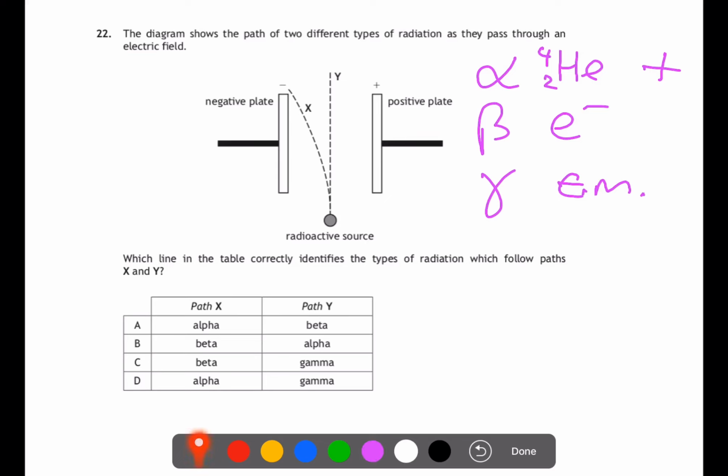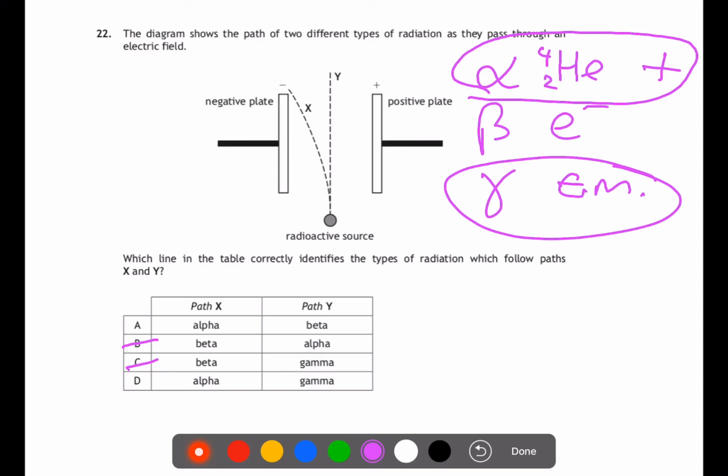So if we first of all look at path X, which is this one here, this is being attracted to the negative plate. This means that whatever this radiation is must have a positive charge. So the radiation with a positive charge is alpha. So that means we can ignore B and C. If we look now at path Y, it is going straight through the two plates undeflected. This is because this must be gamma, which has no charge. So our answer is D, alpha and gamma.